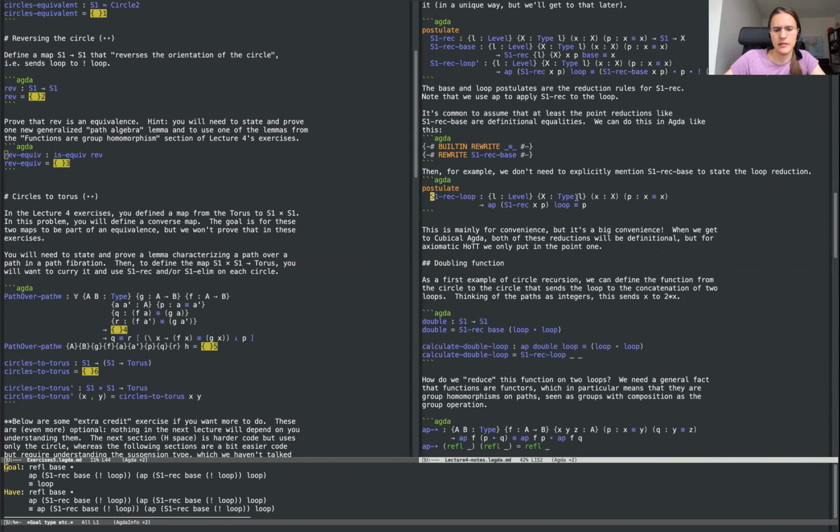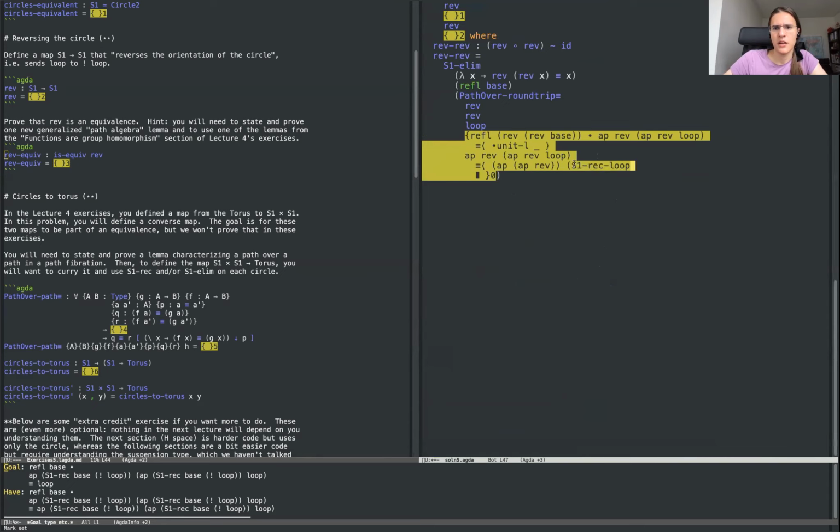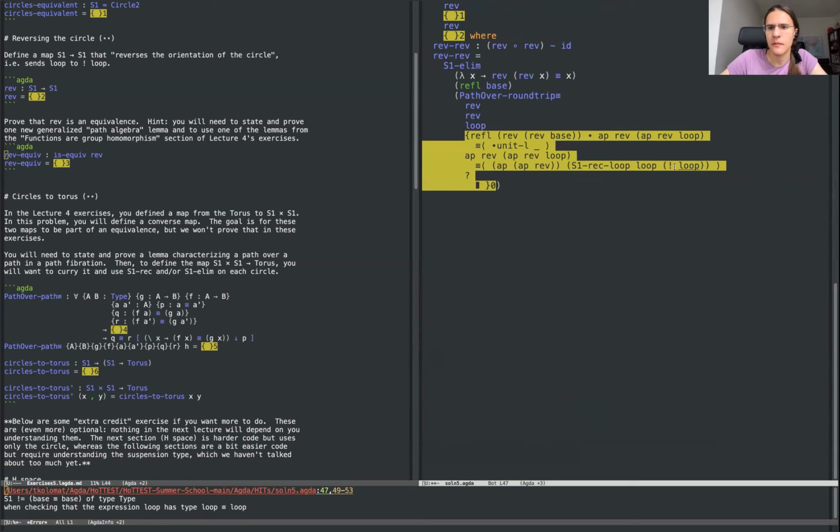And then I need to say what X and what P are. So it's loop and inverse of loop. And that should evaluate this eliminator, and it'll give me loop inverse. Sorry, this is base, of course.